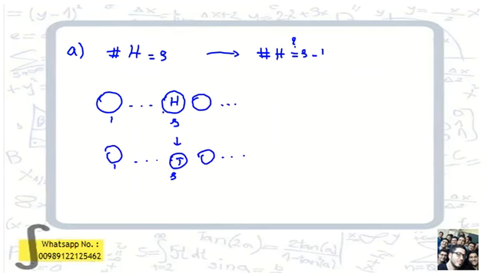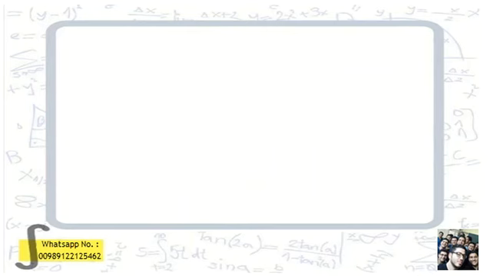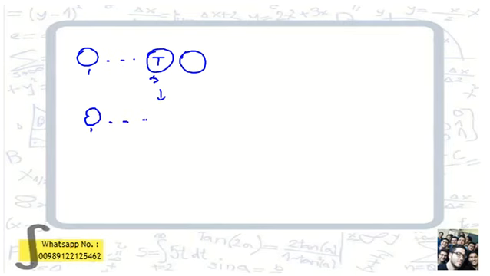So in this case the Sth place is H. But let's consider the other cases. Suppose that the Sth coin is T. Here we change it to H. Now the number of H's is S plus 1. So we go through this.